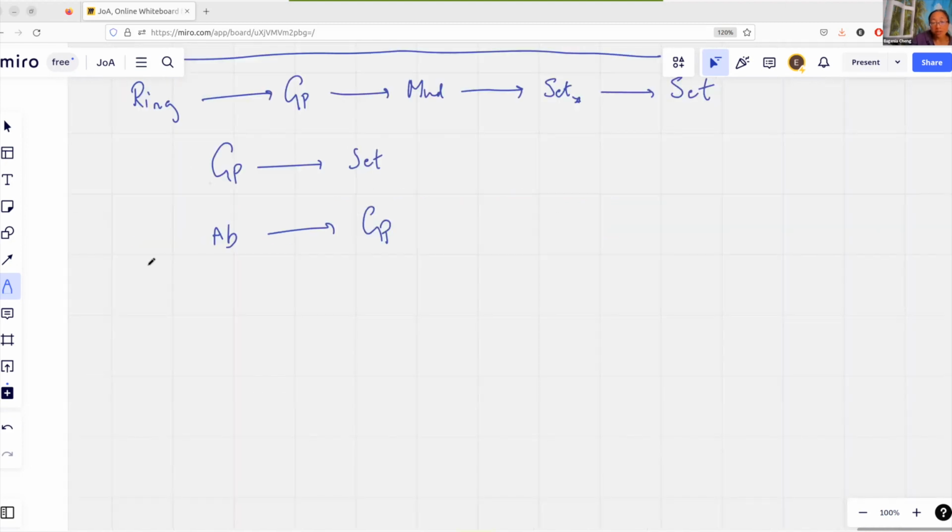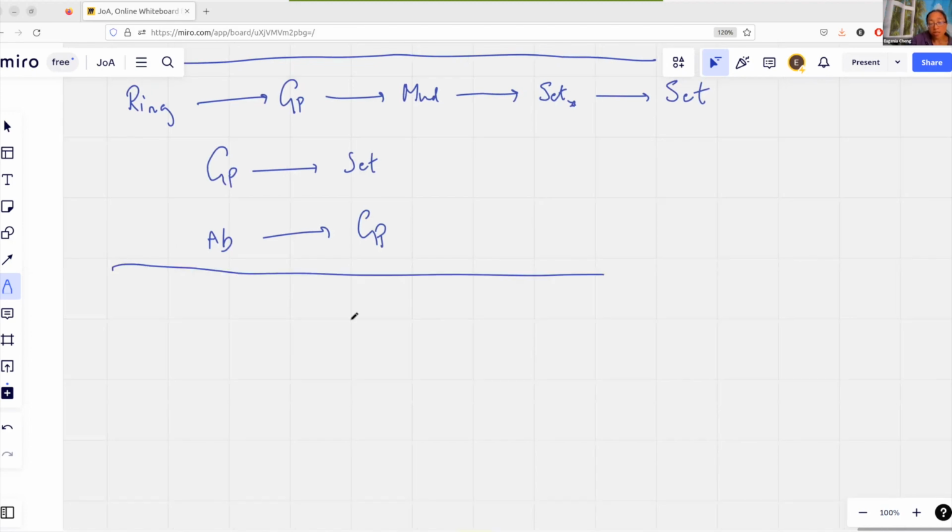Inside any category, there is a notion of inverse, because the inverse of something going like this is something going like that, such that if you compose that way around, you get the identity, and if you compose this way around, you get the identity. So yes, there is a notion of inverse for functors, because it's the inverse inside the category of categories and functors. So that means it's a functor going backwards, such that if you compose that way around, you get the identity, and you compose that way around and you get the identity.